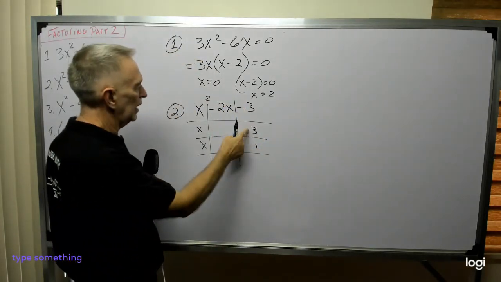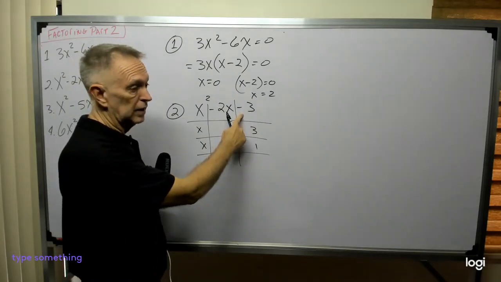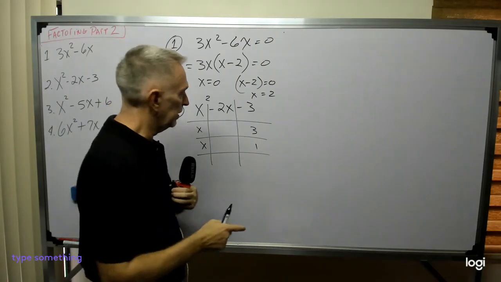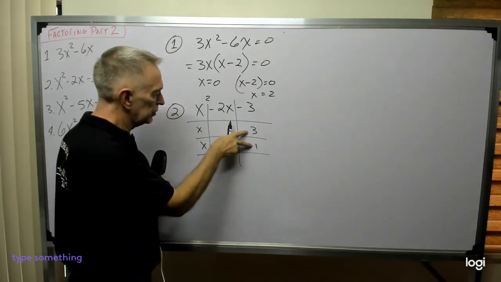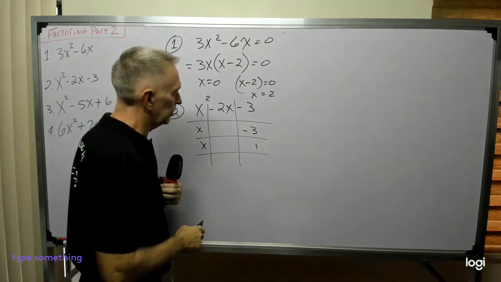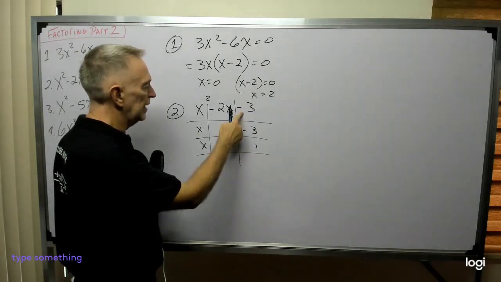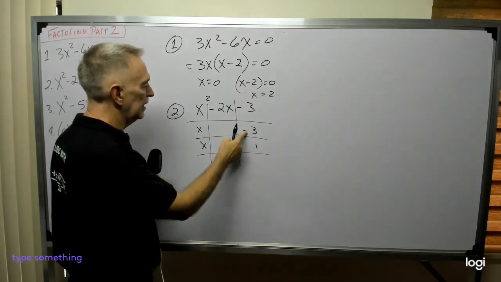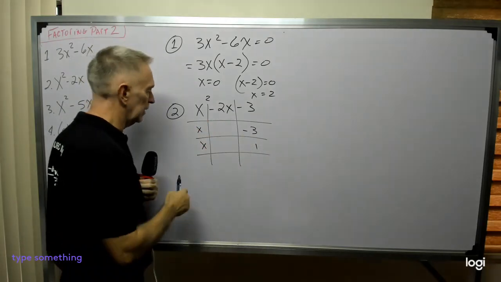But I know I have to multiply these together to give me a negative 3. So one of them has to be negative. And then I need to be able to add the results together to get a negative 2. So it tells me I need to put the negative here. Negative 3 times 1 gives me a negative 3. And then negative 3 plus a positive 1 gives me a negative 2. So that's what I need.